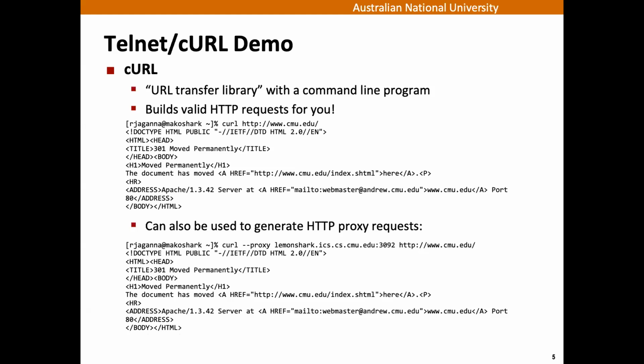And in that malloc space, whenever it gets a request from the client, if it doesn't have the page, it gets it from the server and stores it locally. So the next time the client makes the request, the cache has a local copy.